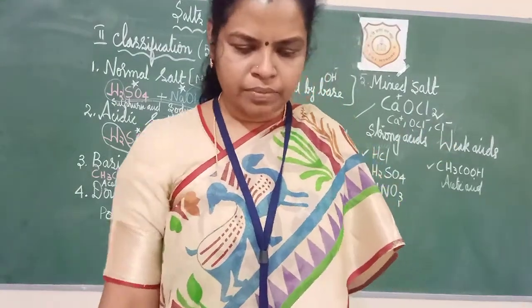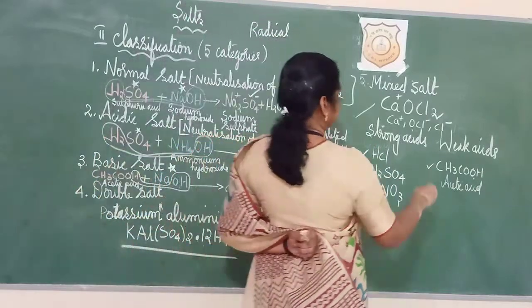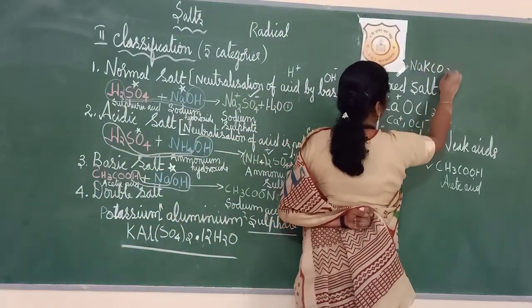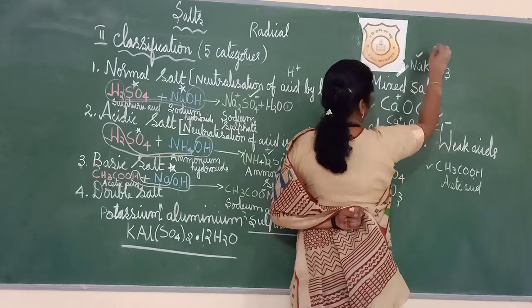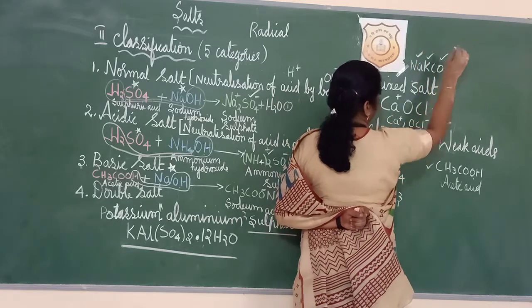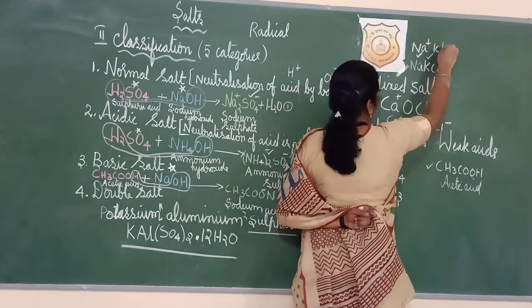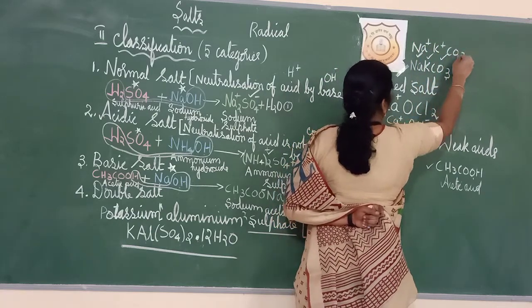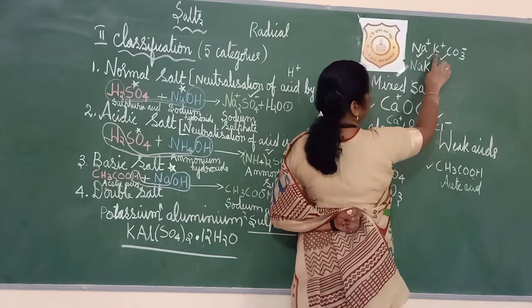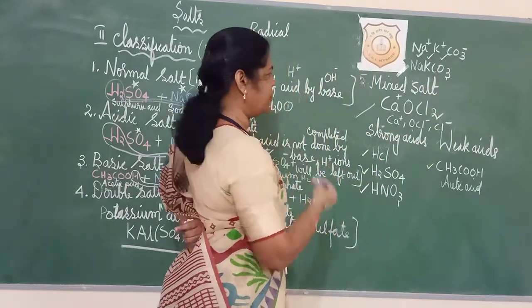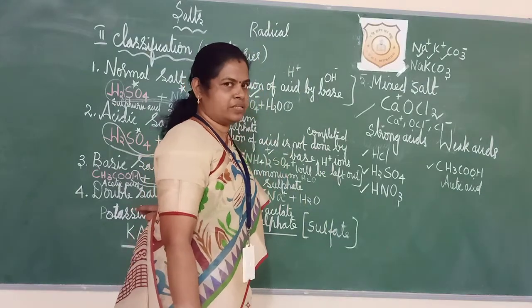For example, NaKCO3 also is one example. What is Na? Sodium, potassium, carbonate. In this, Na plus, K plus, CO3 minus. See here, two cations and one anion are there. So this type of salt is called a mixed salt.